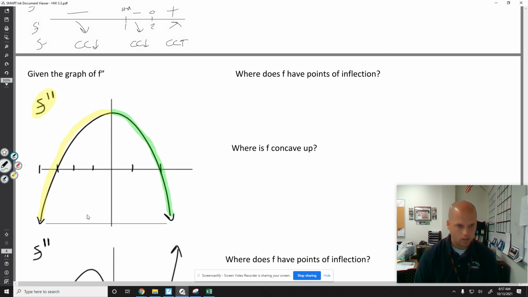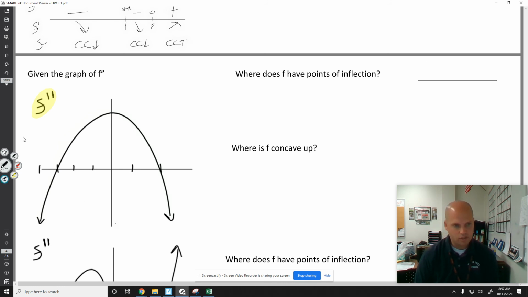If you're like, oh, positive, then negative, f prime is going up, then going down, no, no, no. You have f double prime going up, then going down. This is not it. It's not right.